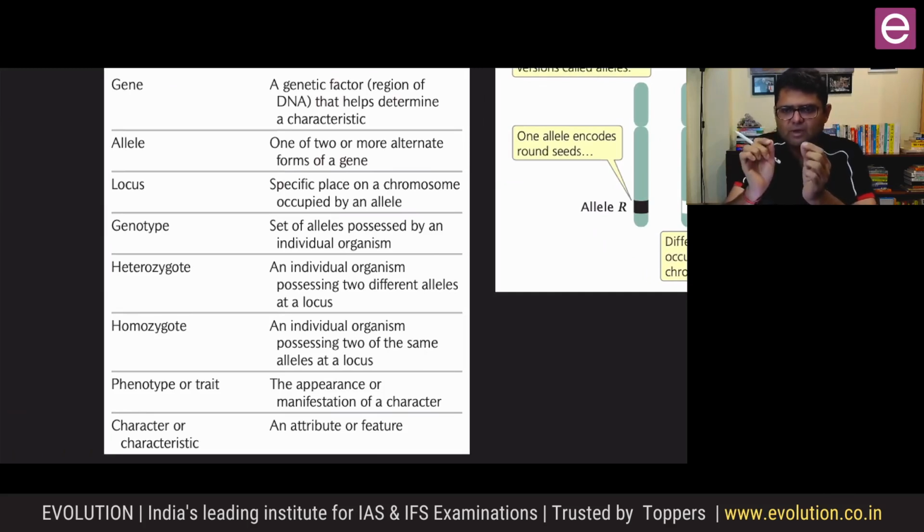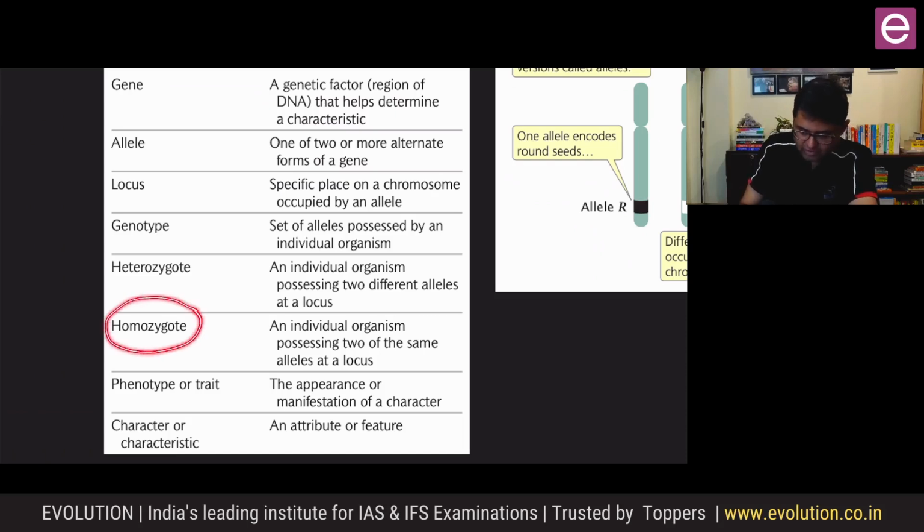Genotype is your allelic combination. Because remember, any individual who is diploid will have 2 sets of chromosomes, that will mean 2 copies of every gene. Now, the 2 copies of the gene can be identical. In that case, the individual will be homozygote. And if 2 different alleles are present for the same gene, then the individual will be heterozygote.